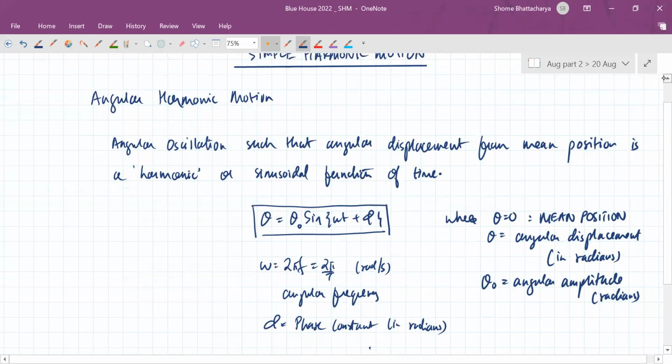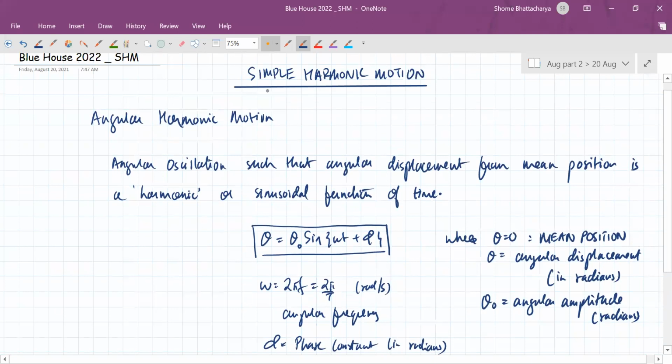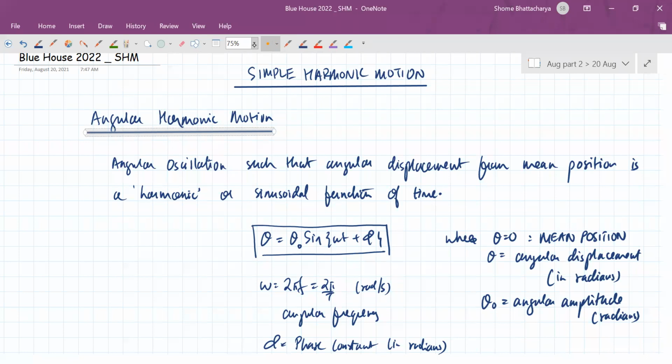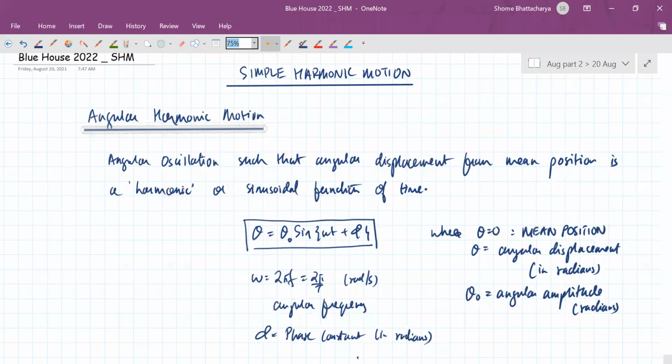So this is something that we have seen in the last lecture, just making a recap of this. Now from this, we get the dynamical condition for angular harmonic motion, and that is a condition on the torque.